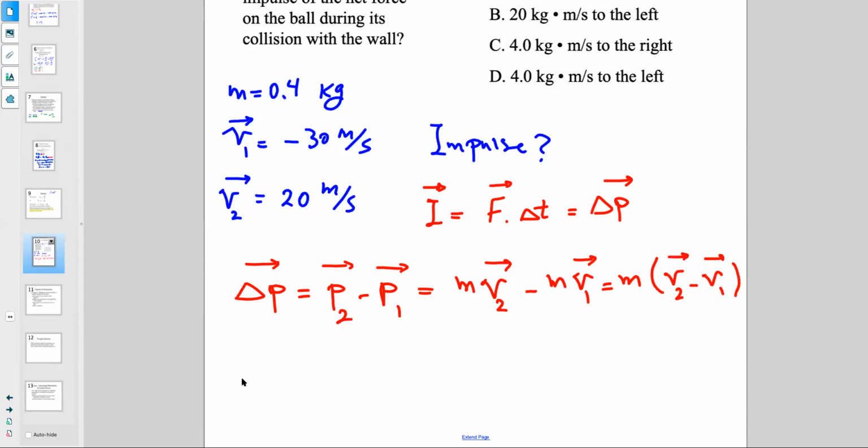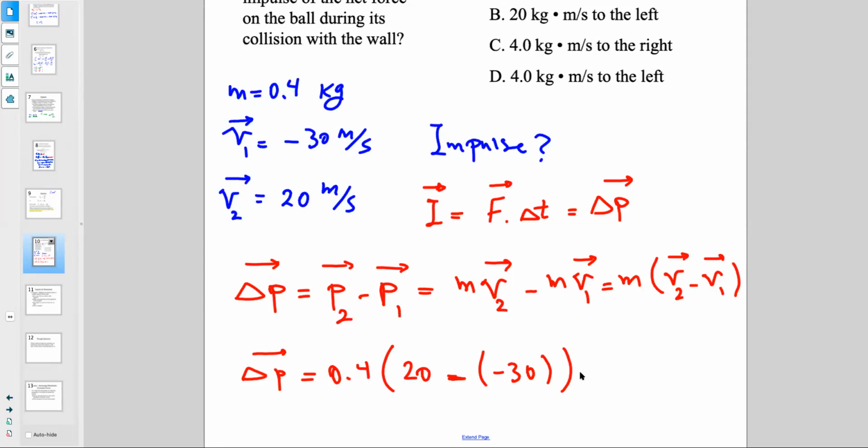Okay, so delta p is m, which is 0.4, times v2, 20 meters per second, minus v1, which is negative 30. This is the part that's a little bit tricky. You have to have negative 30 here. The direction is important when it comes to momentum.